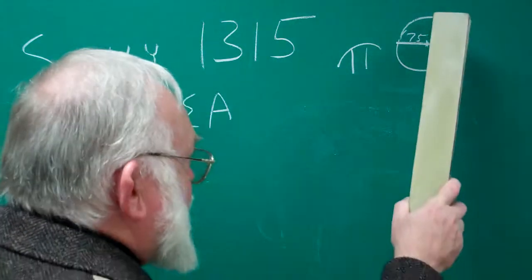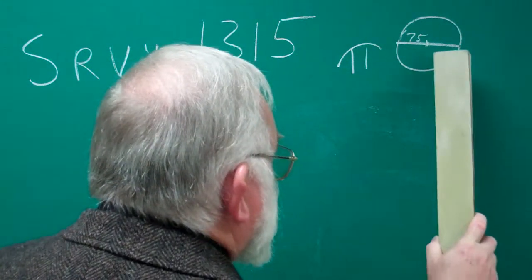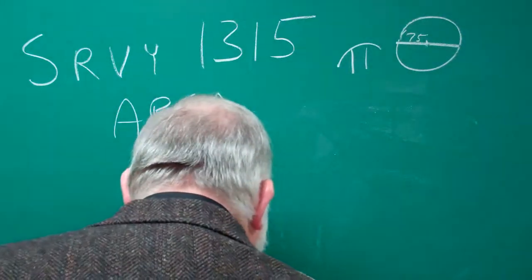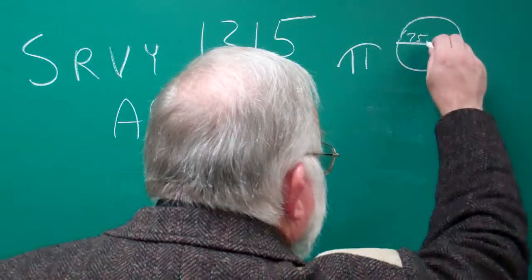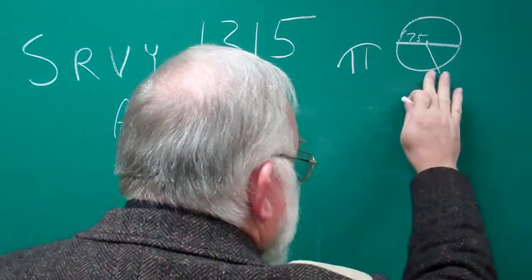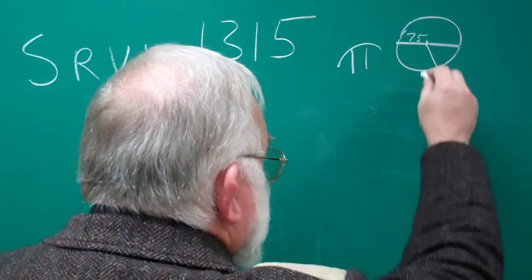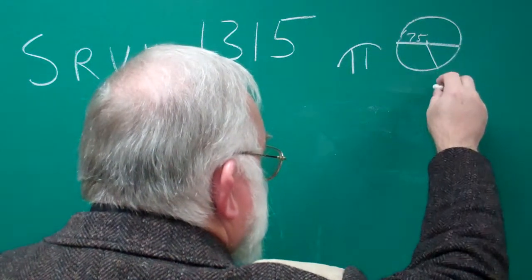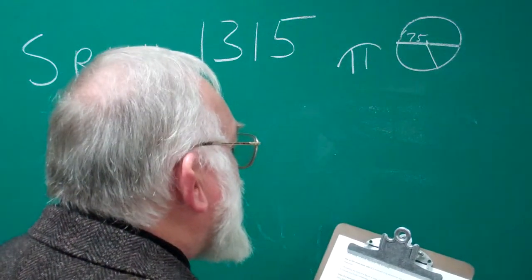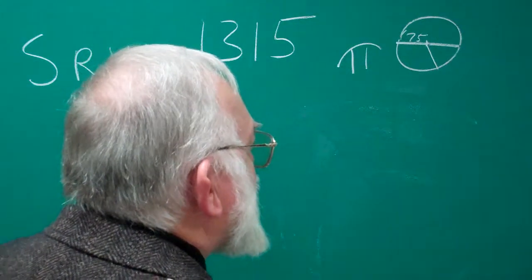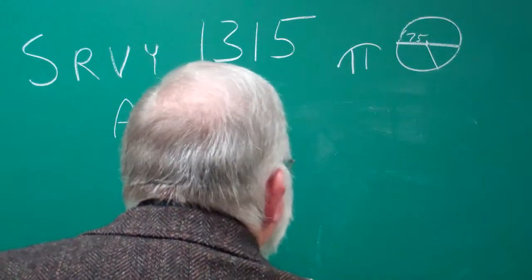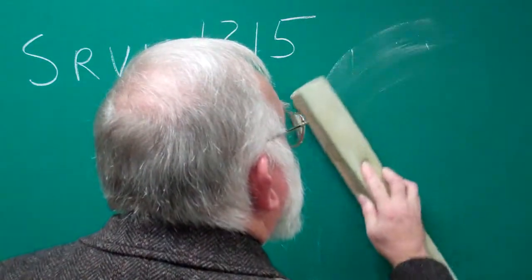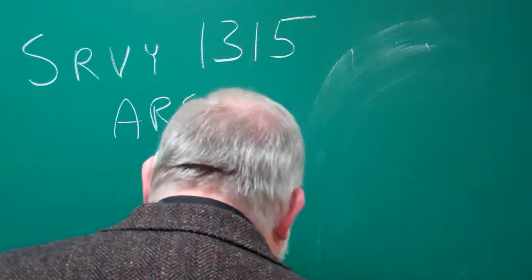And any section of a circle, if it is bounded by two radii, is just a percentage of the area of that circle. So if this is a third of a circle, it's a third of 17,671.45 square feet. It's very simple. Don't make it any more complicated than it has to be.